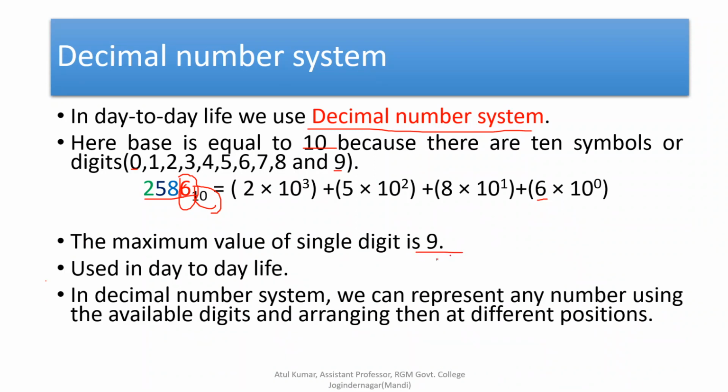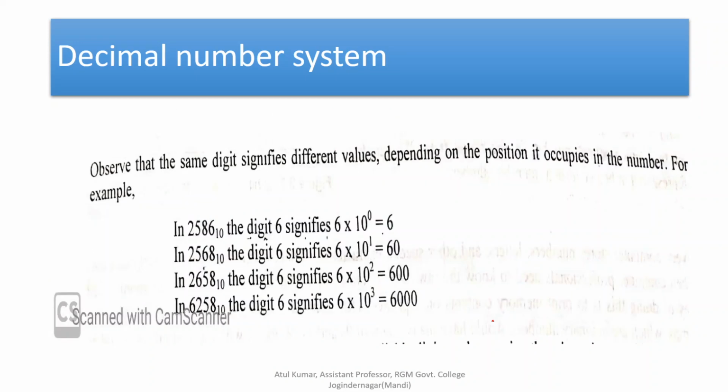The maximum value for a single digit in decimal number system is 9. So in decimal number system we represent any number using the available digits and arranging them in different positions. For example, observe these different numbers. The position of 6 defines different values.